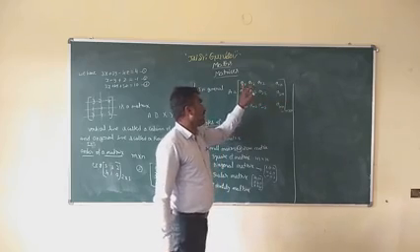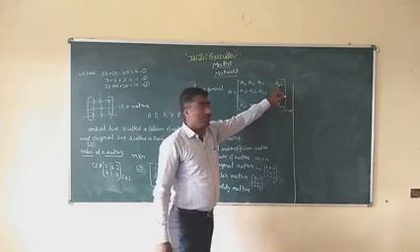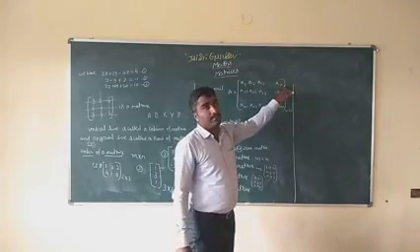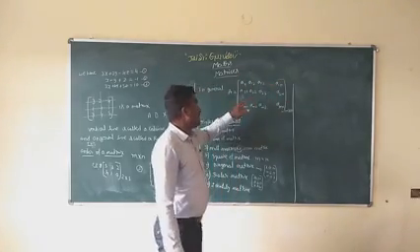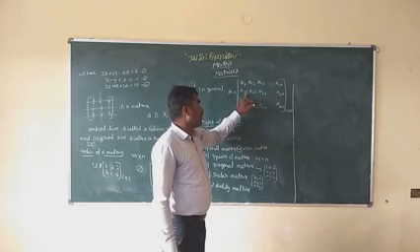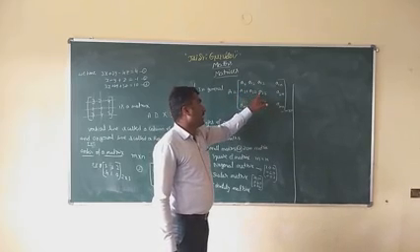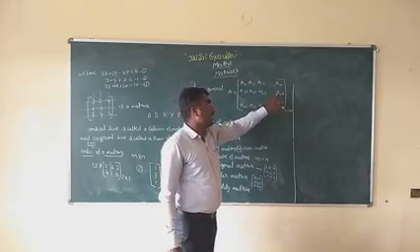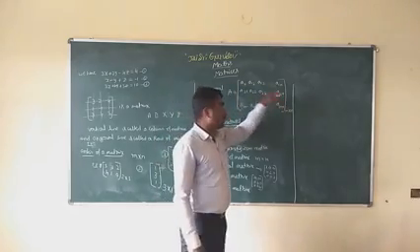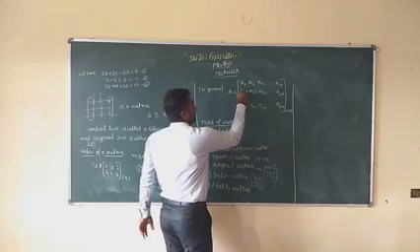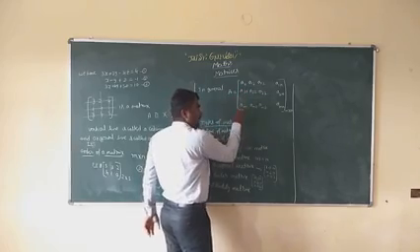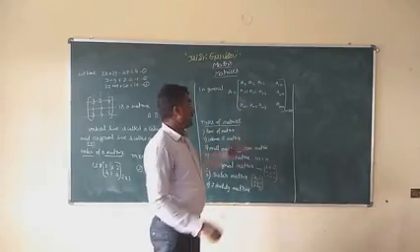This is first row. Second row: A21, A22, A23, and so on, A2n. Similarly, this is m rows.